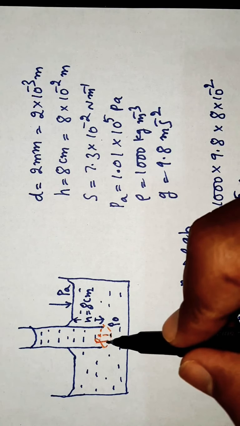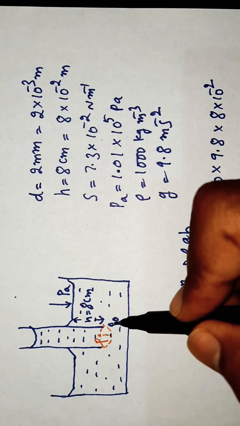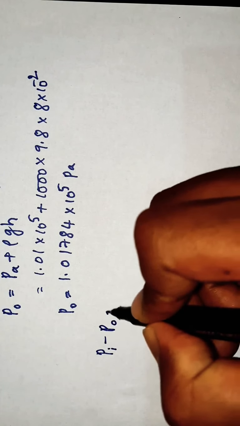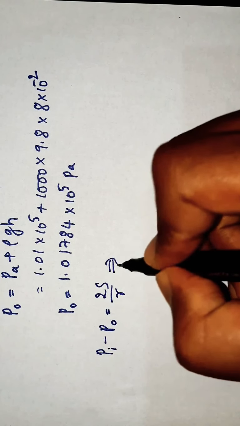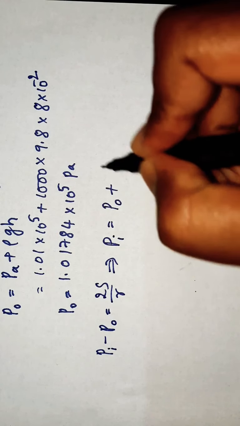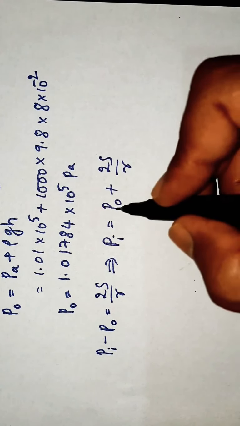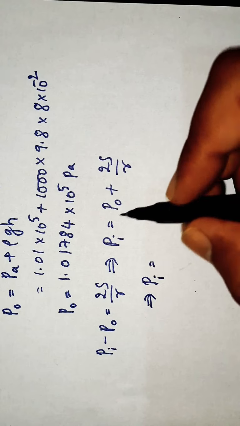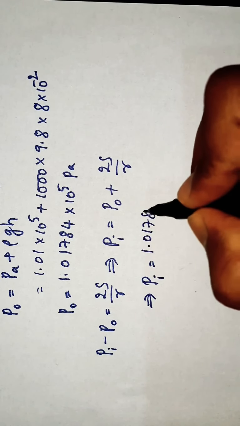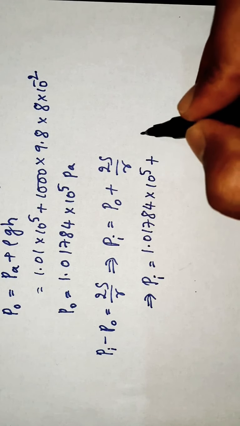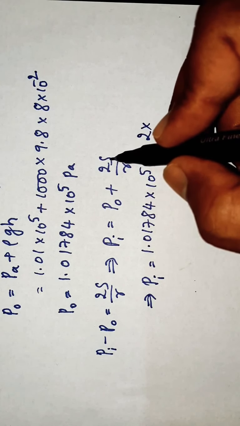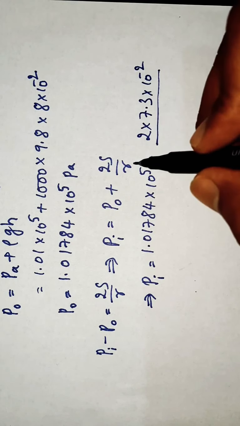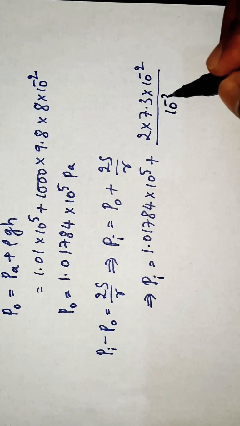So the excess pressure Pi minus P naught is equal to 2S by R. From this, Pi is equal to P naught plus 2S by R. So here Pi is equal to 1.01784 into 10 to the power of 5 plus 2 into surface tension, that is 7.3 into 10 to the power of minus 2, by R is equal to 10 to the power of minus 3.